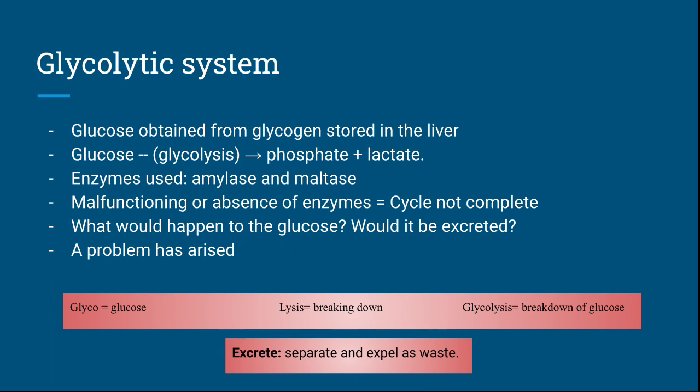That would be pretty bad. Malfunctioning or absence of the enzymes would mean that the whole cycle would not continue, and that would be a big problem. So where would all the nutrients go? Will they be excreted out of the body? Excrete means separate and expel as waste, which is the perfect word to use here, because the glucose should be separated and excreted, but we don't know yet.